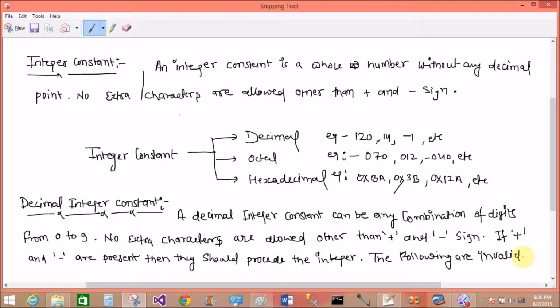The following are invalid decimal integer constants.